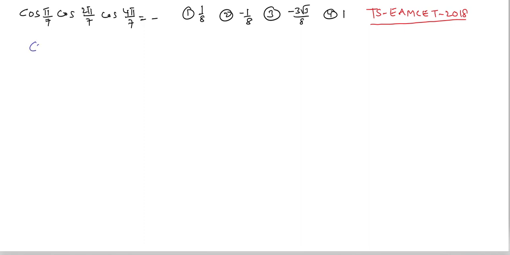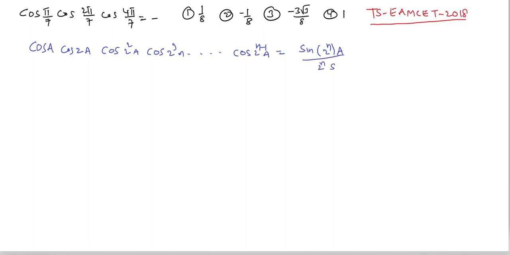We know the formula, that is cos A into cos 2A into cos 2 square A into cos 2 cube A up to cos of 2 power n minus 1 into A is equal to sine of 2 power n into A by 2 power n into sine A. So in this problem it is given cos pi by 7, cos 2 pi by 7, cos 4 pi by 7.